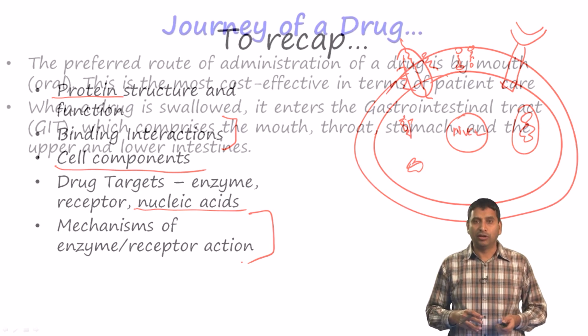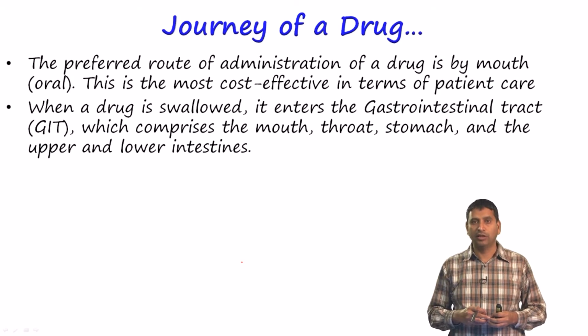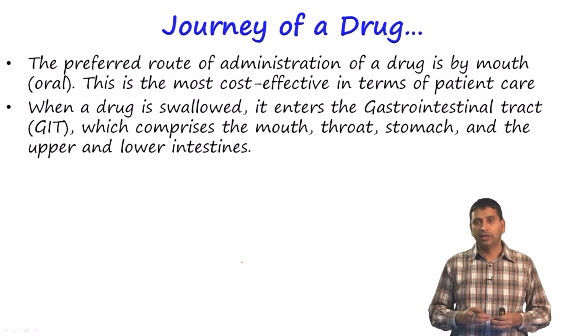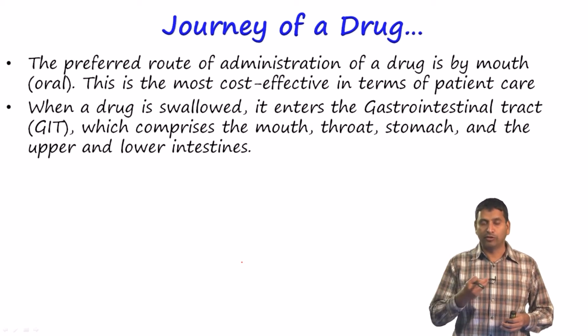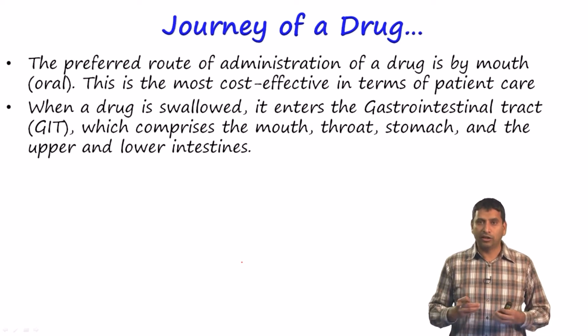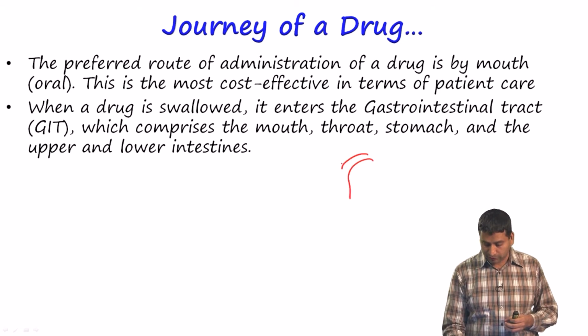Of course, the preferred route of administration of a drug is by mouth, because that is clearly the most cost effective, and also people prefer to just swallow the drug rather than having an injection and so on. So, when the drug is swallowed, it enters through the mouth, it enters the esophagus, and it first enters the stomach.